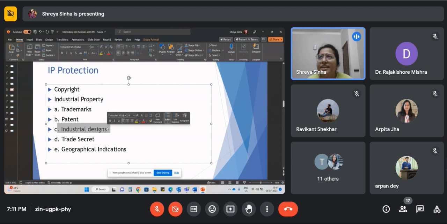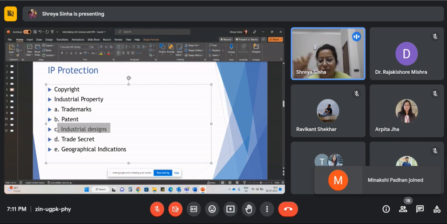A simple example is the Coke bottle. Coke bottle has also got a typical shape. I mean, Pepsi bottle is not the same as Coke bottle. So that is an industrial design, and it has also got IP protection. It is also very important because we as human beings have a tendency to connect one thing to another.